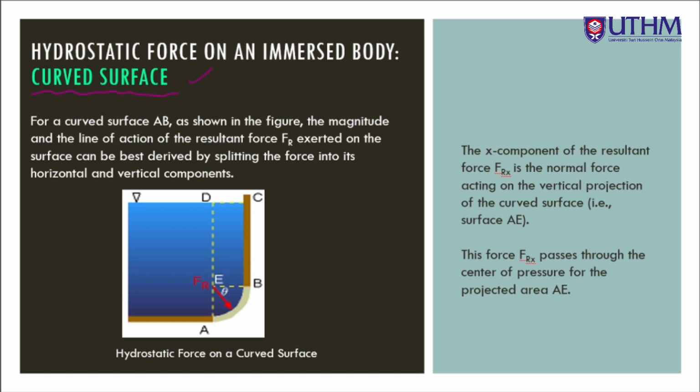So for a curved surface AB, contoh curved surface ni dia mentioned as shown in the figure, the magnitude and the line of action of the resultant force FR yang dikenakan ke atas this curved surface can be best derived by splitting the force into its horizontal and vertical components.